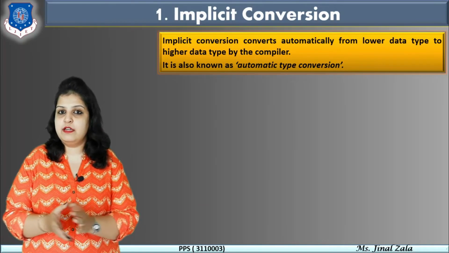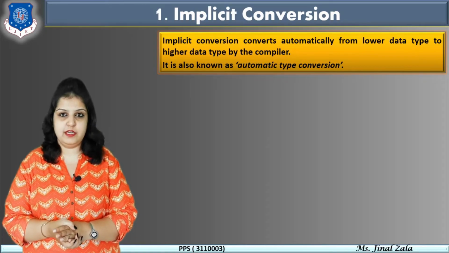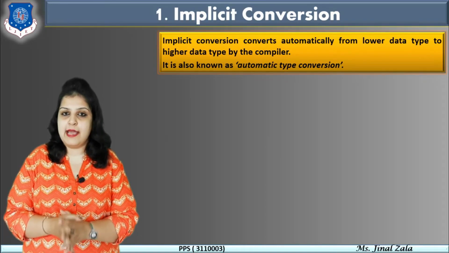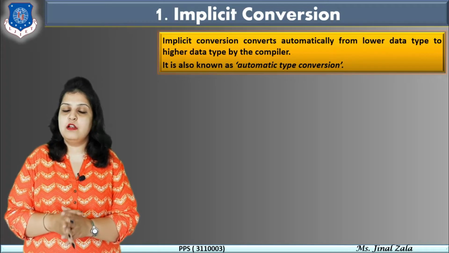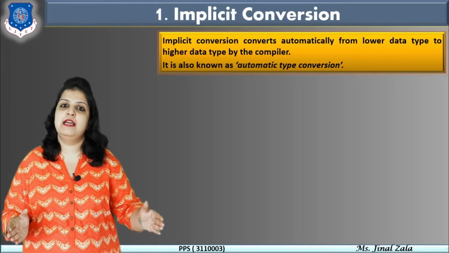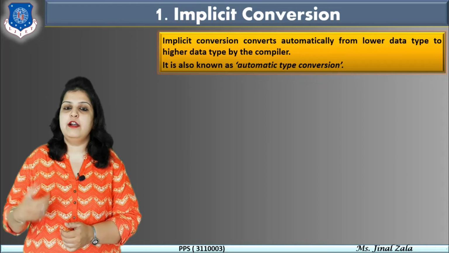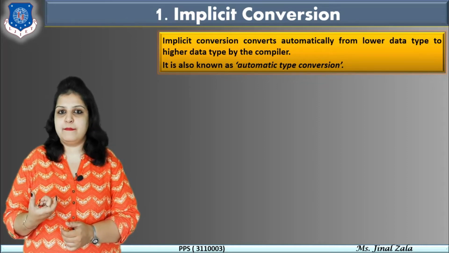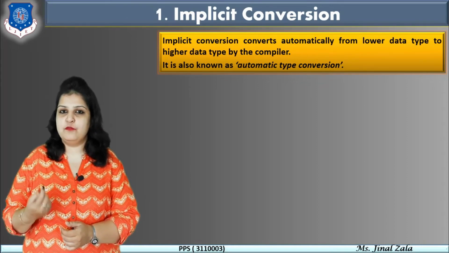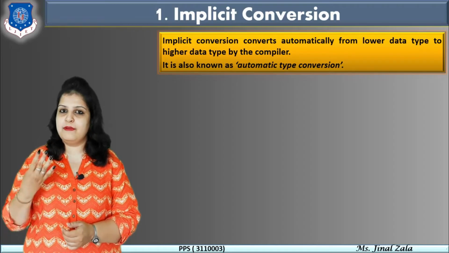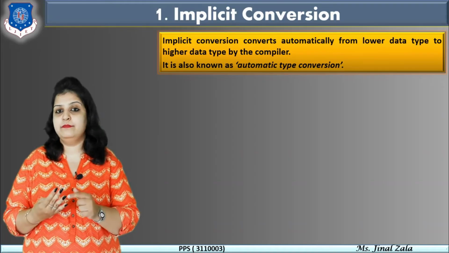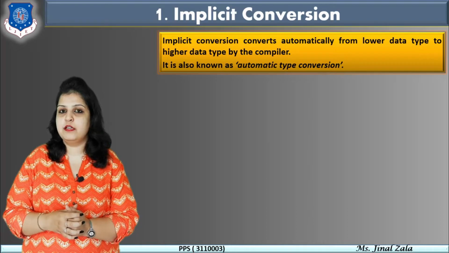We don't need to do any operation here. And how will it work? First of all, what is a lower data type and what is a higher data type? It is according to the size of memory. Integer occupies 2 bytes, and float occupies 4 bytes.